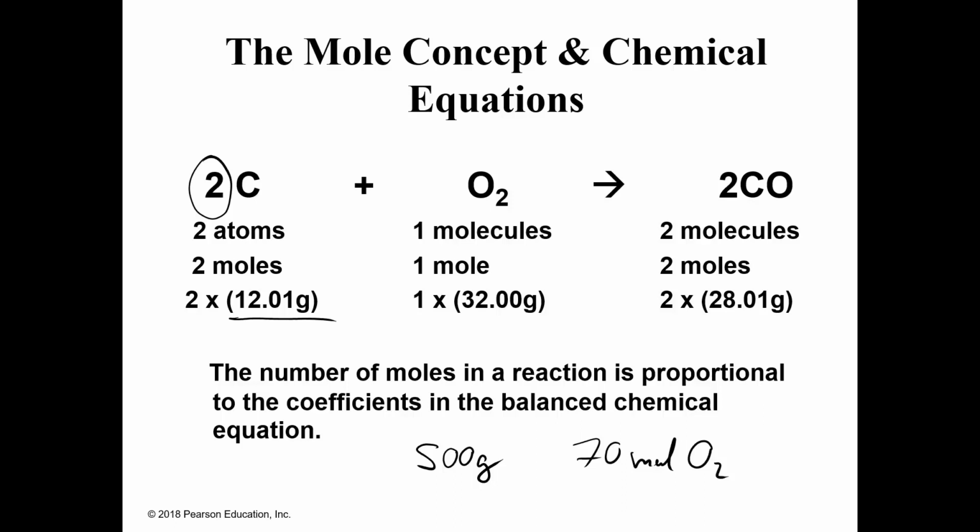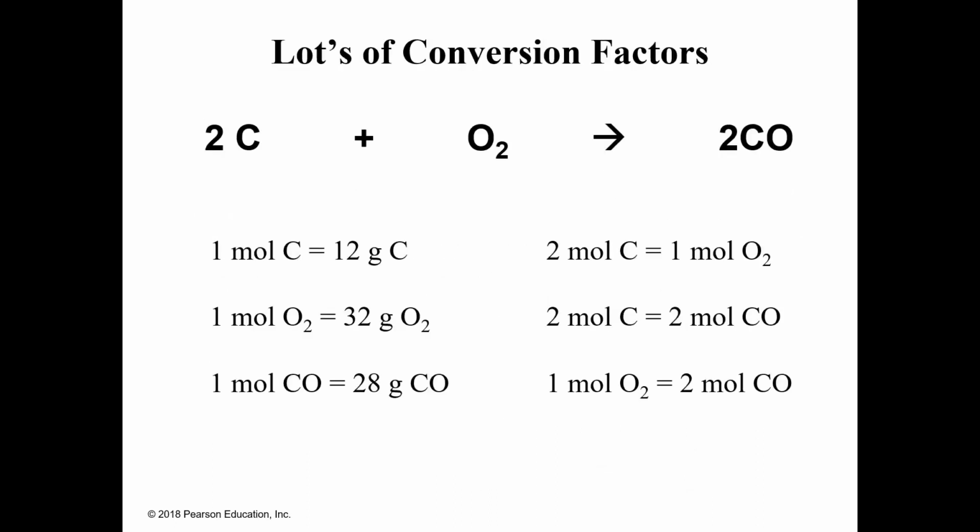So from this you get conversion factors, and so you can make the connections between moles of oxygen and grams of carbon dioxide, or moles of O2 and moles of carbon. That comes from the coefficients and the molecular weights and the concept of the mole. So this right here gives you all the conversion factors that can be derived from this balanced equation.